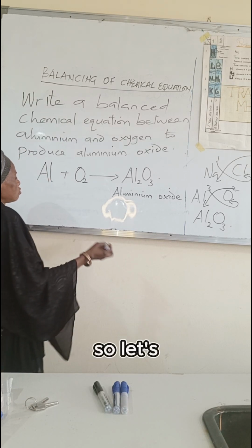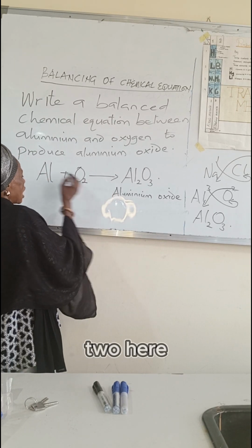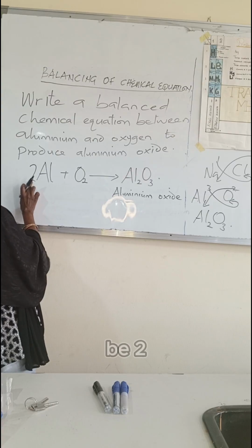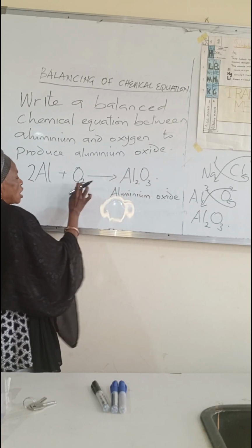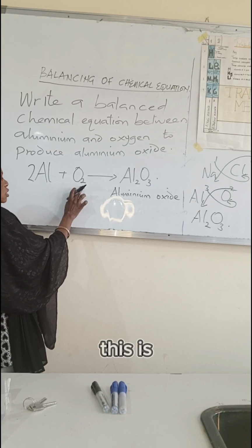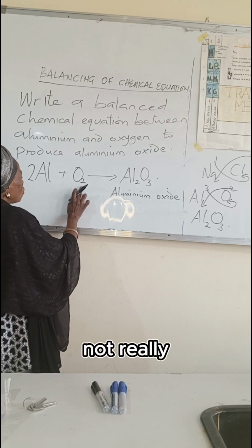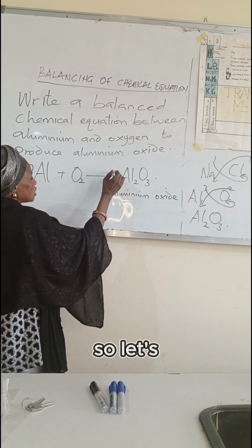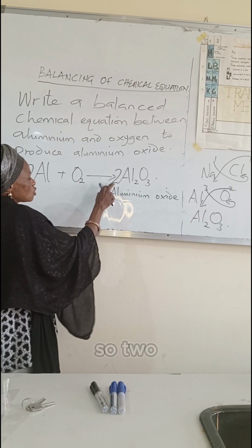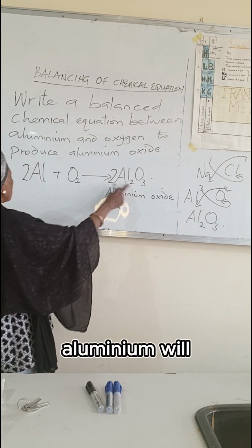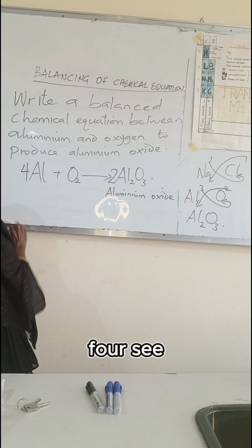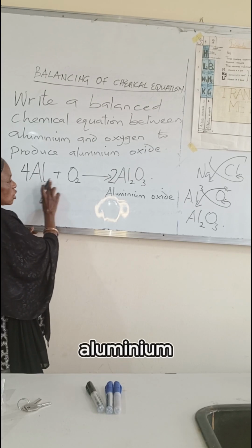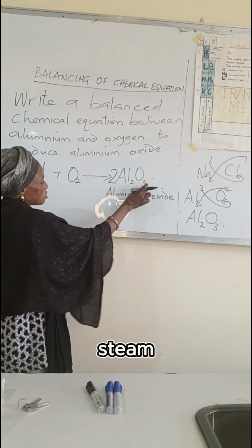So let's see if we put 2 here, so the aluminium can be 2. Then Al2. Oxygen is now 3 and oxygen is 2. This is not really what we are looking for. So let's try 2 here and see. So 2 times 2, aluminium will be 4. We take care of aluminium here to be 4. See? So 4 atoms of aluminium. Then oxygen, 2 will still multiply 2.